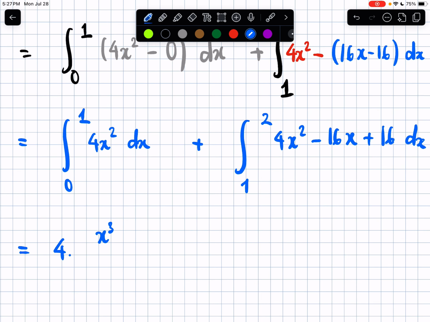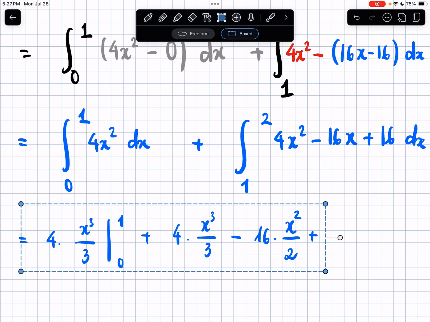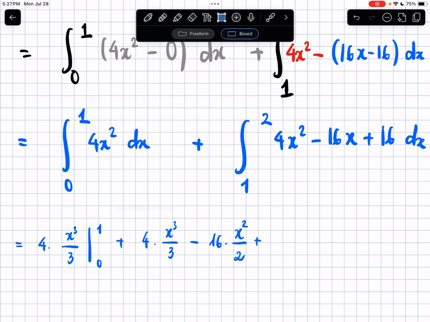The antiderivative is 4x cubed divided by 3 from 0 to 1, plus 4x cubed divided by 3 minus 16x squared divided by 2 plus 16x, from x equals 1 to 2.